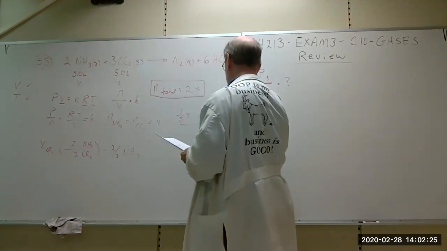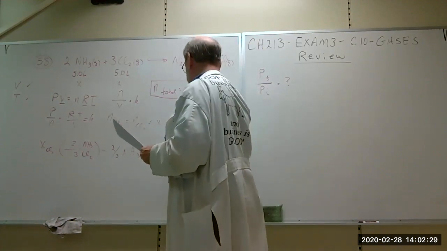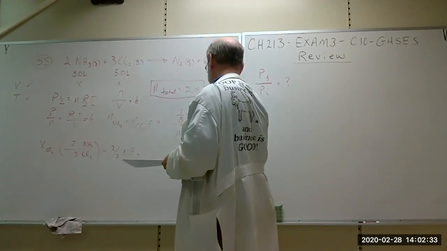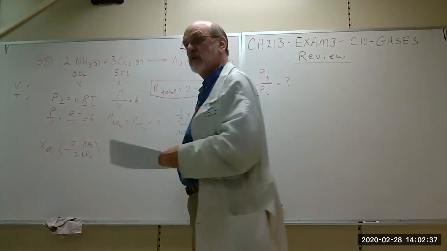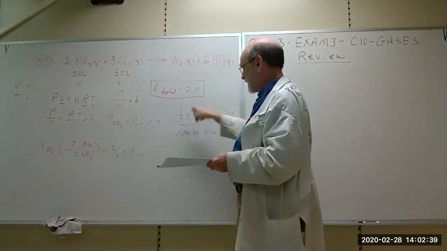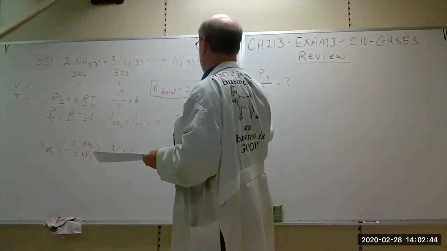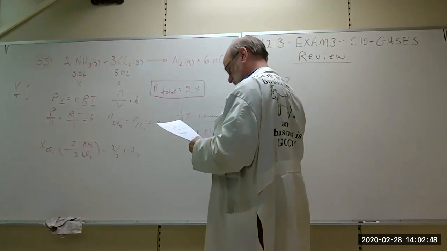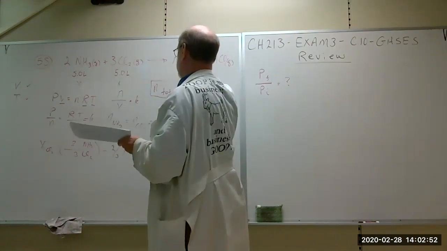of the chlorine gas, and none of the ammonia. None of the ammonia remains. Chlorine, we've got this much left over. So we've got 1/3 of our moles left for chlorine. So how much gas did we produce from there to there?